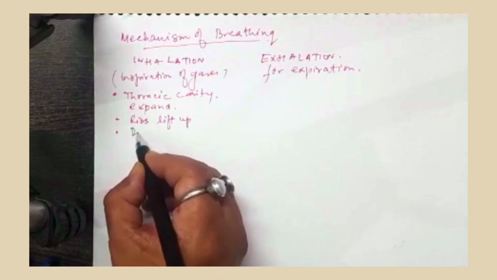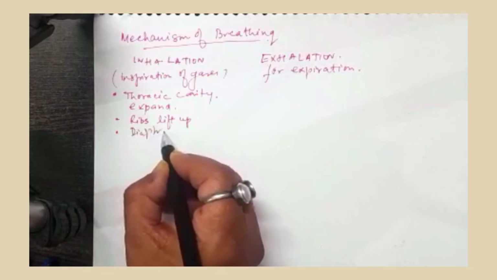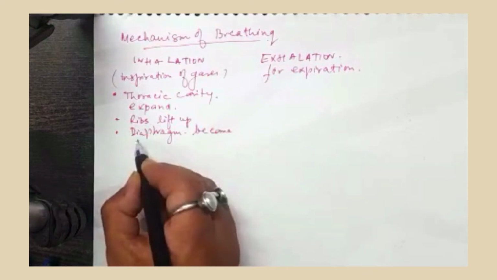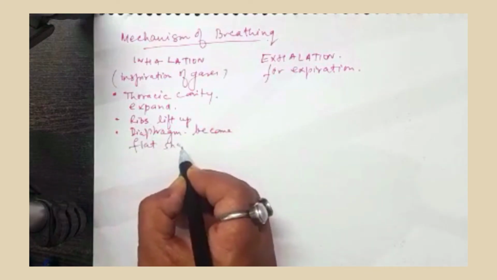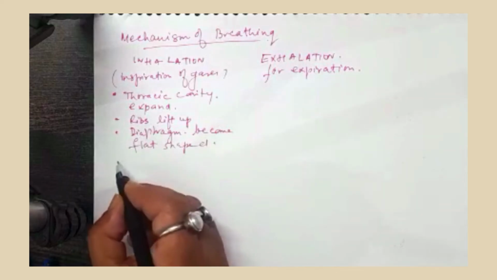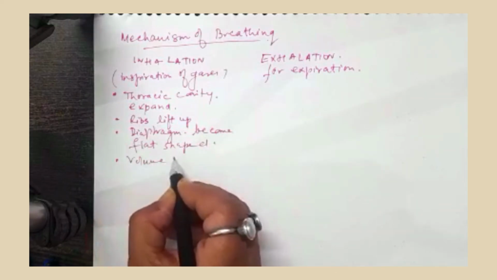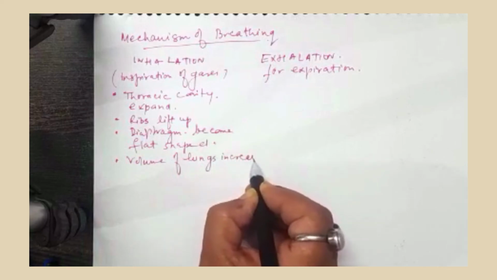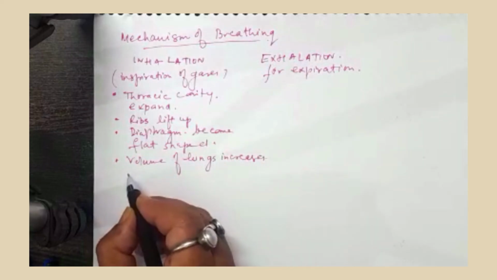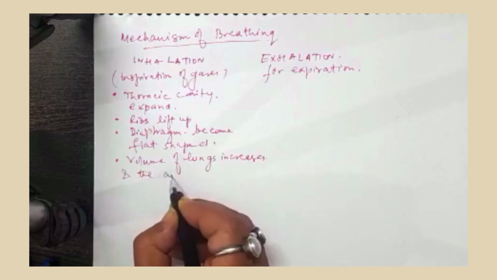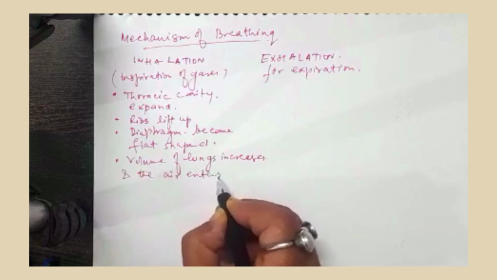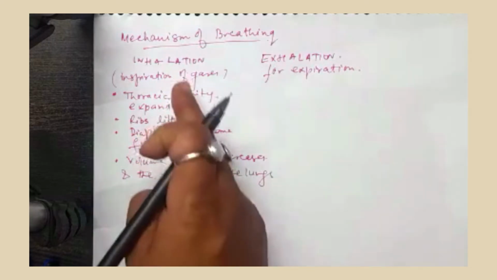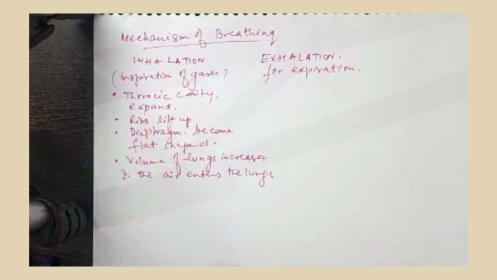So diaphragm becomes flat shaped and volume of lungs increases and the air enters the lungs. Fine. So these are the steps for inhalation.